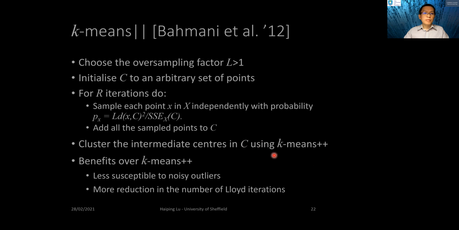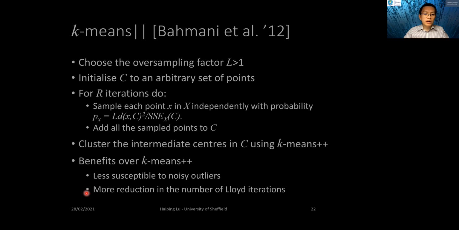And k-means parallel has two major benefits over k-means plus plus. It is less susceptible to noisy outliers than k-means plus plus, due to the oversampling and the following clustering process.